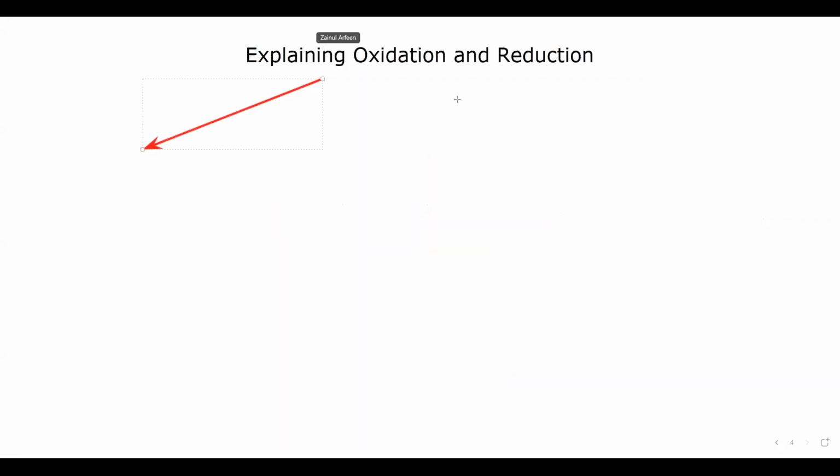So when explaining the concept of oxidation and reduction, there are 3 ways. Sometimes they give you the electrons or charge, sometimes they give you the oxygen, and sometimes the oxidation number.